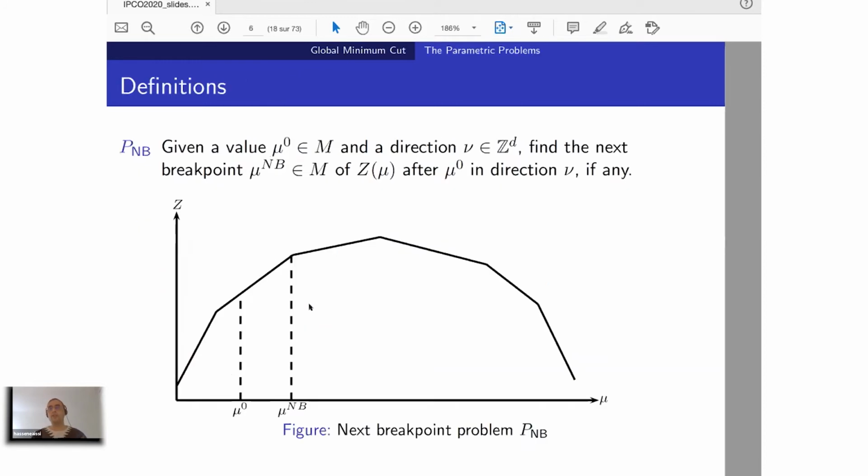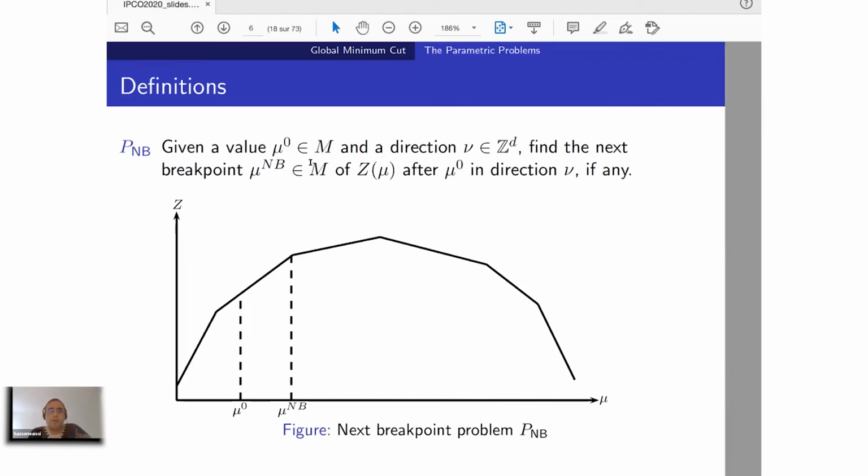So computing the whole surface z is good, but maybe too much for some applications. In this talk, we will consider a narrower subject where we don't need, in fact, to compute the whole surface. So let me define the problems that we are concerned with. The first problem is the next breakpoint.